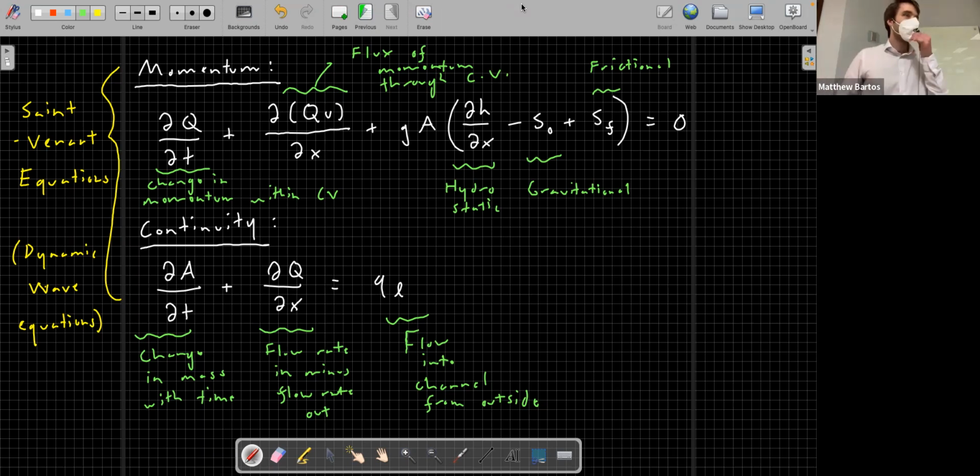So, how do we solve these equations? Does anyone know how we solve equations like this? Remember the technique we use to solve equations that look like this?